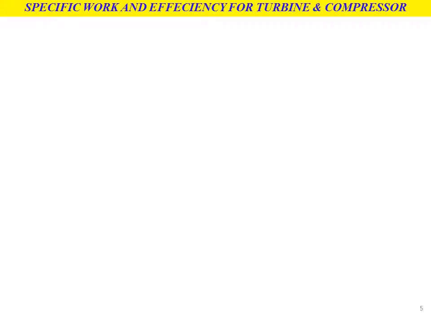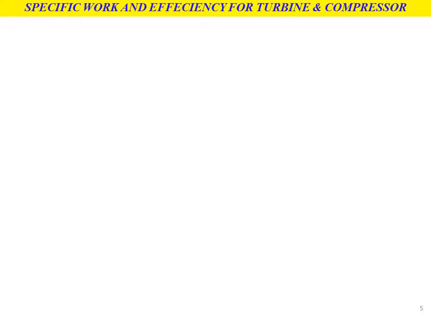Okay, for this slide, I will summarize the formulas for specific work done and also the efficiency for the turbine and the compressor. First, let me remind you that I will generalize the state condition, the inlet condition and the outlet condition for both turbine and compressor.